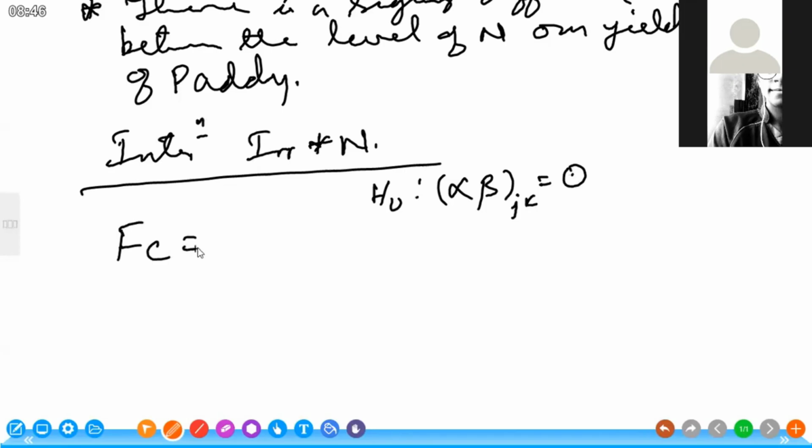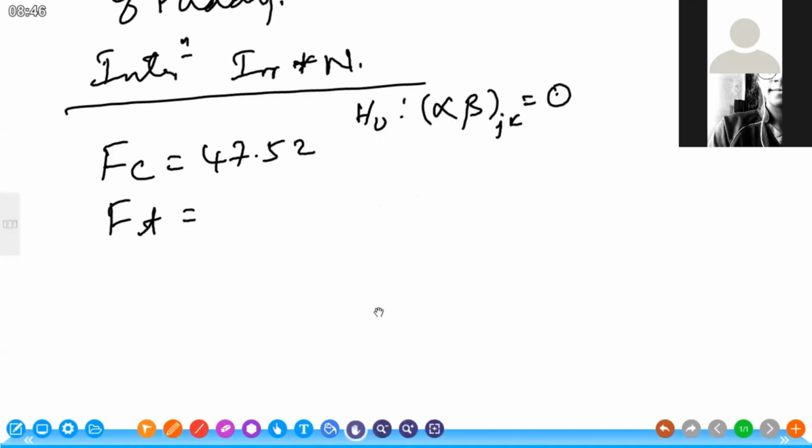My calculated value is 47 point something, 52 or something. Now, what is my table value? Everybody should know now how to look at the table. The table value depends on the alpha value and the degrees of freedom of the numerator and the denominator.